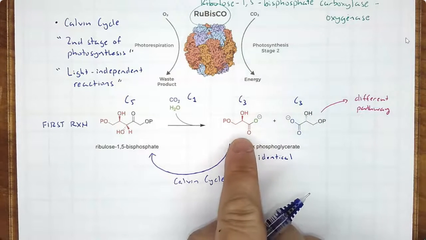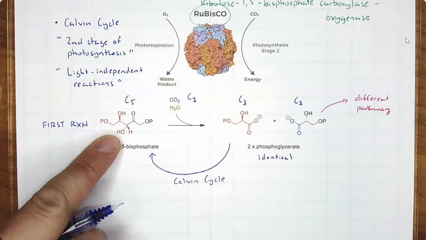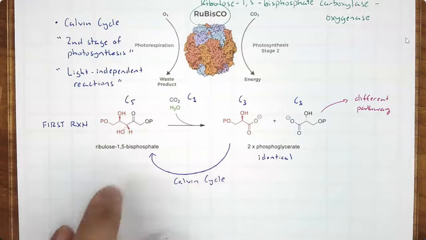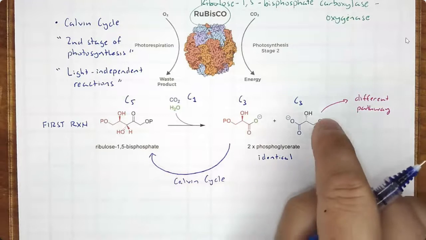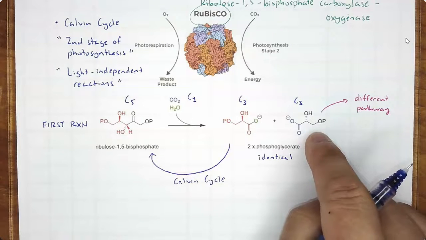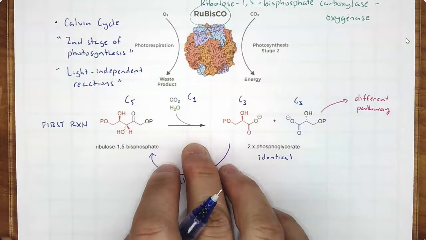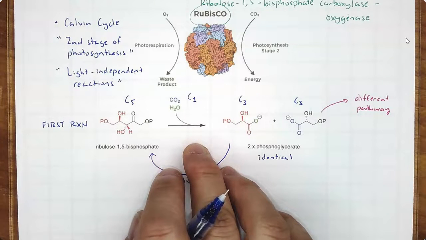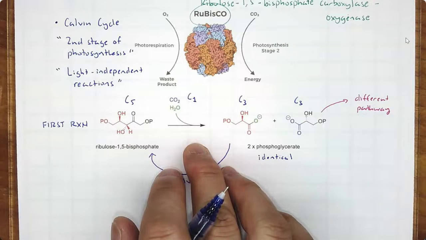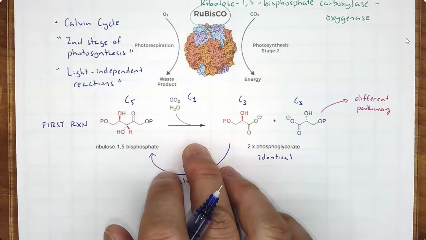One of them continues on in the Calvin cycle to build up to the C5 piece one more time to start the process all over again. The other half, or the other phosphoglycerate, goes to a different pathway. So this is the reaction where we are going to go through an enol.